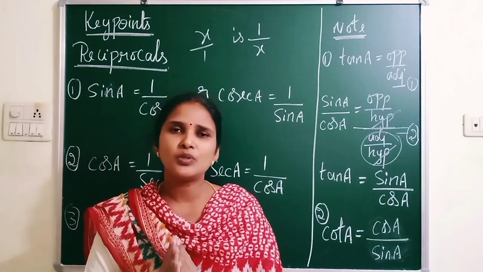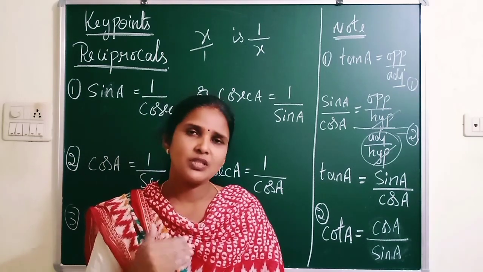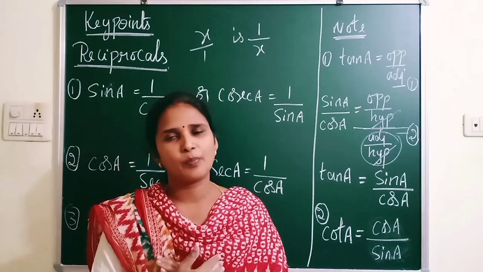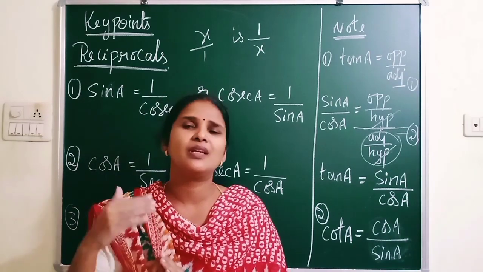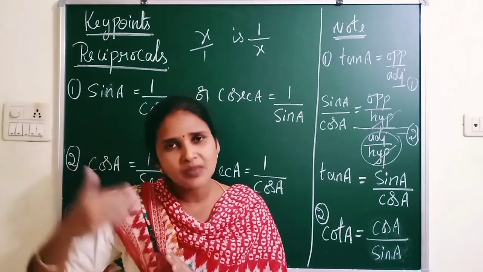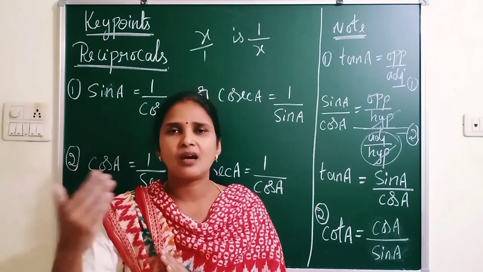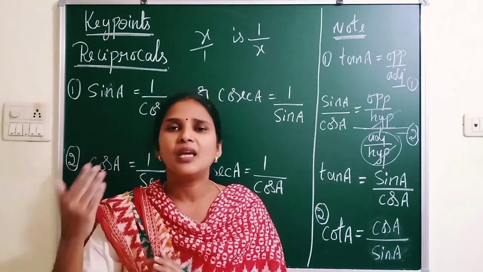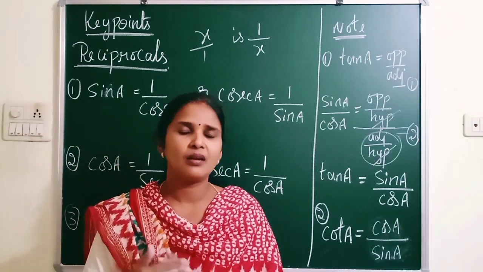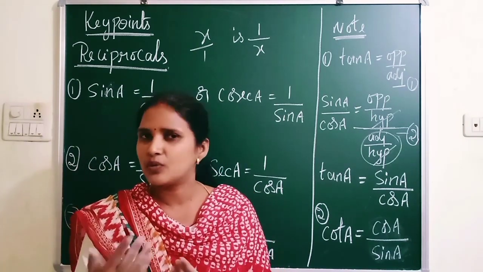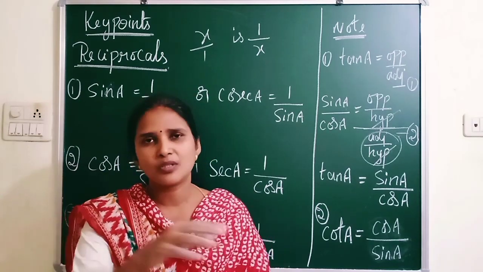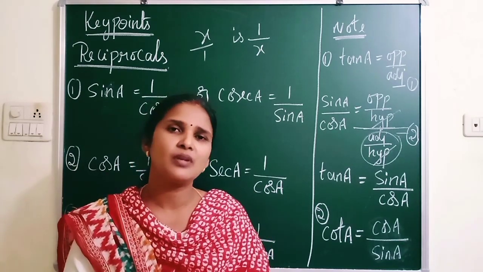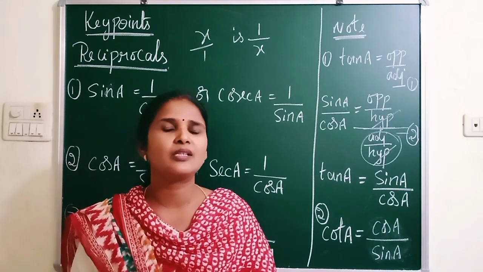In general, astronomers use this topic whenever they want to find the distance between the earth and a star or a planet. In many other fields, like the navy, and in many more situations, we use the concept of trigonometry, which we are going to learn in the next topic.